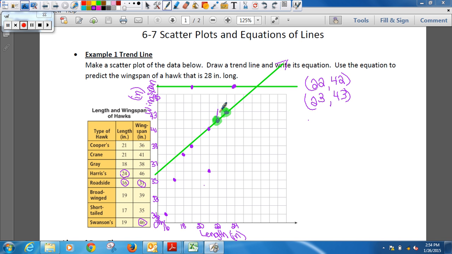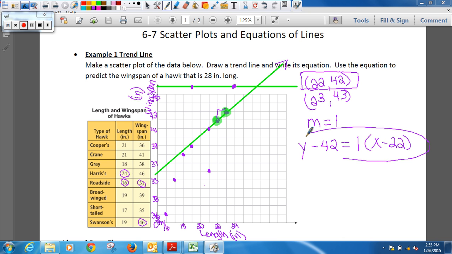So I went up 1 over 1. So according to that, my slope is 1. And then I'm going to pick one of the points. So I'm just going to pick my first point. So all of our equations might look very different. So we have y minus 42 is equal to my slope of 1, times x minus 22. So there's the equation of my line.